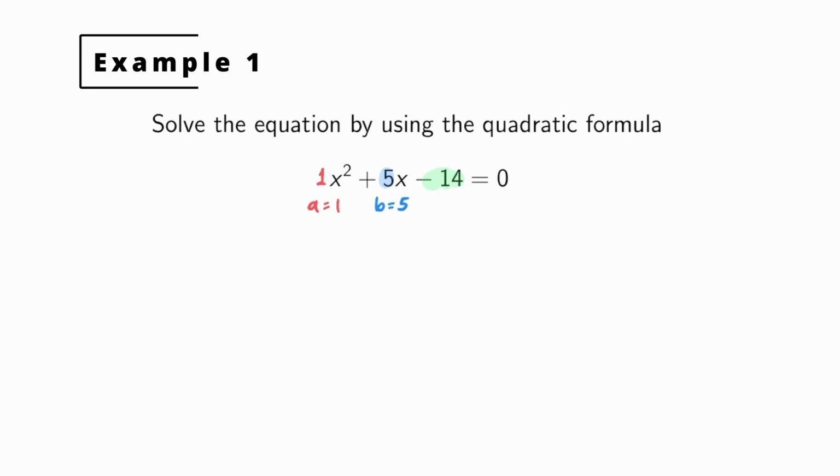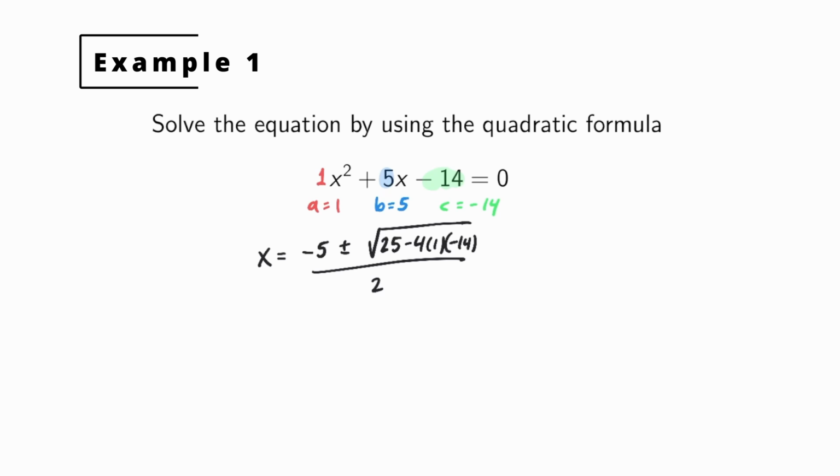So that means that our constant coefficient c is negative 14, and then we simply plug these values into the quadratic formula. So x will be negative b, that means it's negative 5, plus or minus the square root of b squared, which is 25, minus 4 times a times c, which is negative 14, and we divide all of that by 2a, which is 2.